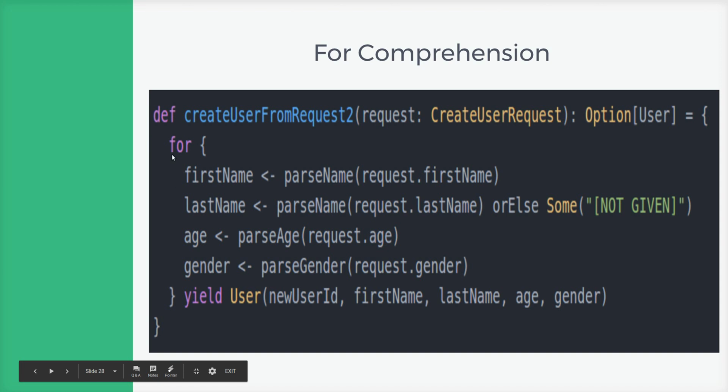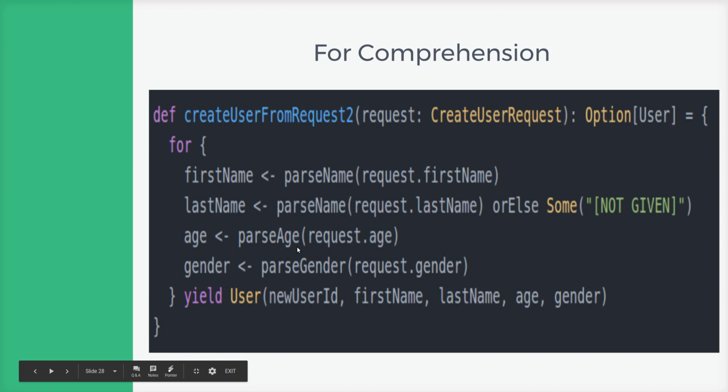But this is more linear than nesting several cycles, and we are doing exactly the same for last name, with the difference that in this case we are telling that last name is not really mandatory, and in the case that the user is not providing it, we are giving a constant, not given, and last name is going to take what the user provided or not given.